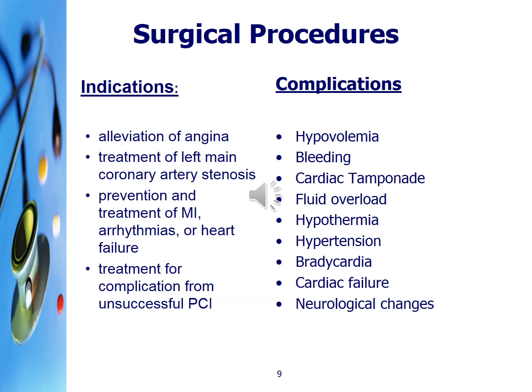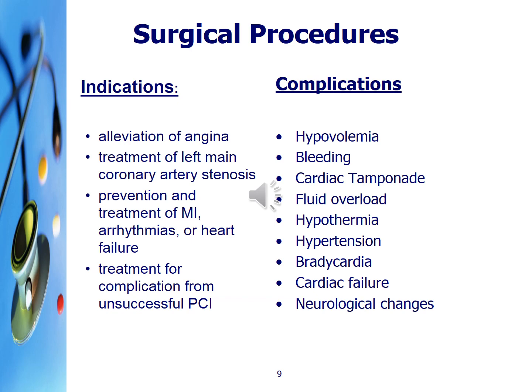So let's briefly talk about indications and complications of cardiac surgery or surgical procedures. So really the indications for cardiac surgery is to alleviate angina, as discussed. The treatment of left main coronary artery stenosis, so when the coronary arteries are narrowed. Prevention and treatment of a myocardial infarction. The treatment of arrhythmias. Treatment of heart failure.